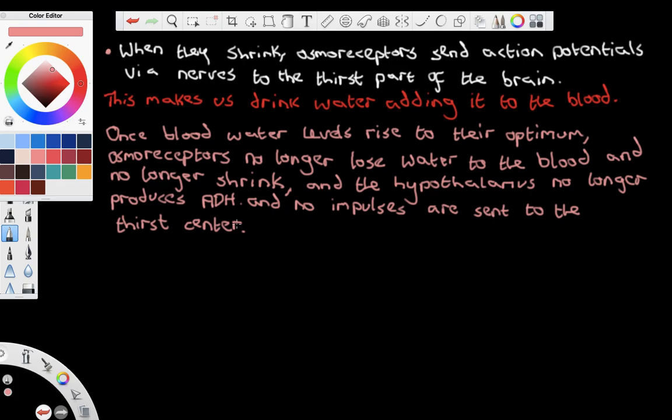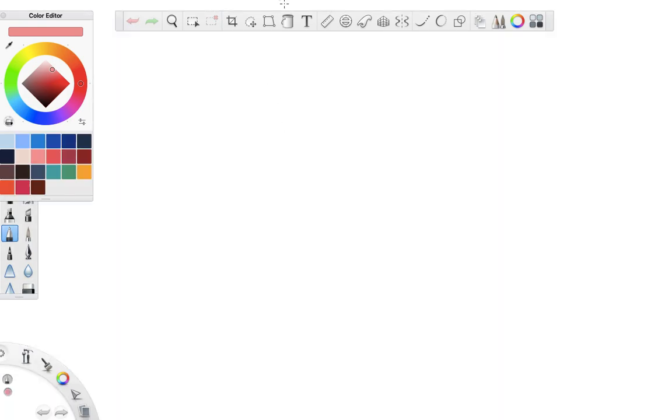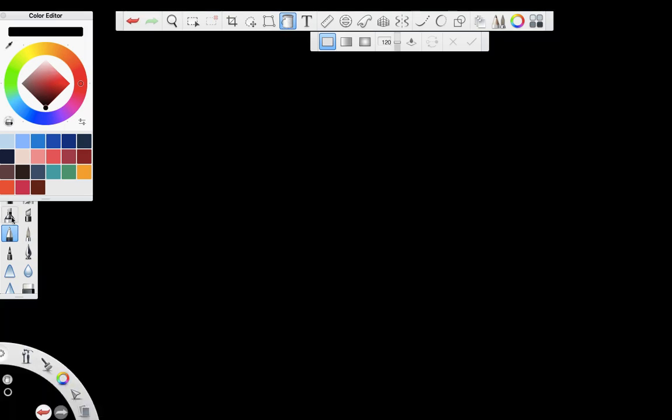Okay? Now, to finish off today's lesson, we need to talk about, and it is much shorter than the previous section, what happens when there is a high water potential in the blood.